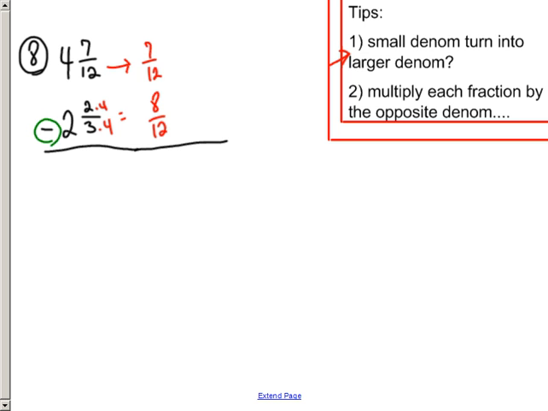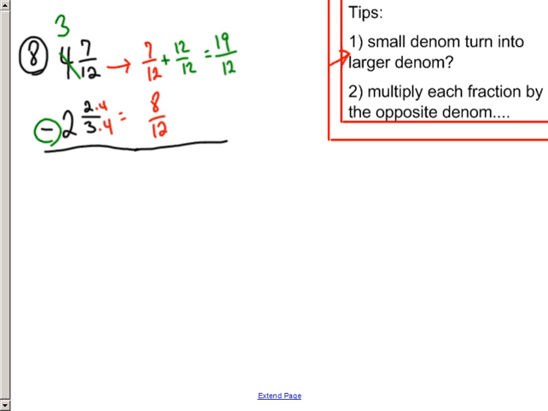Unfortunately, it is subtraction, so we're going to have to borrow. 7 is smaller than 8, so let's borrow 1 from the 4. That means we have to stuff this 1 into this 7/12 fraction, and that 1 would be best written as 12/12. Well, 7 plus 12 is 19.